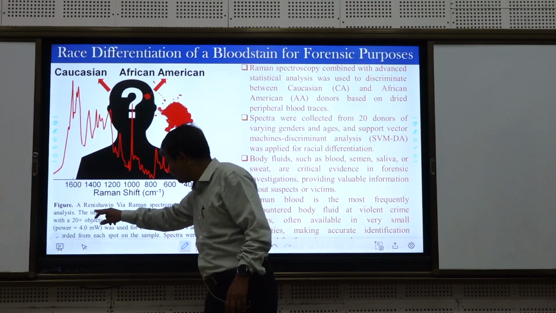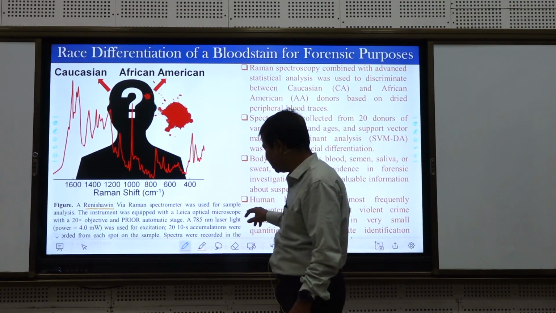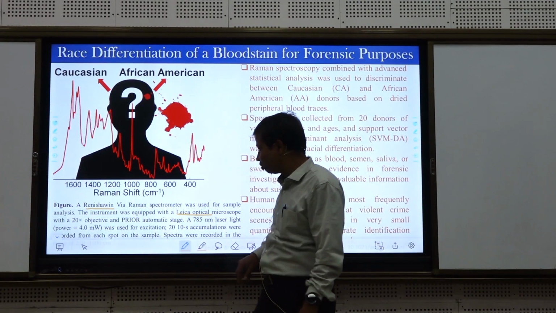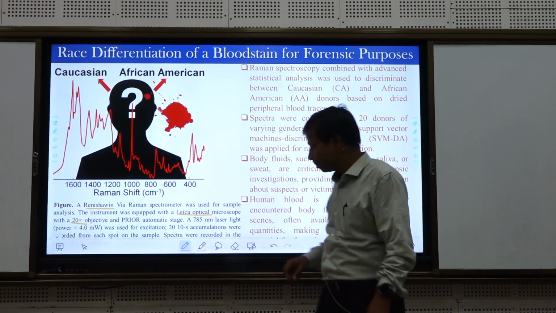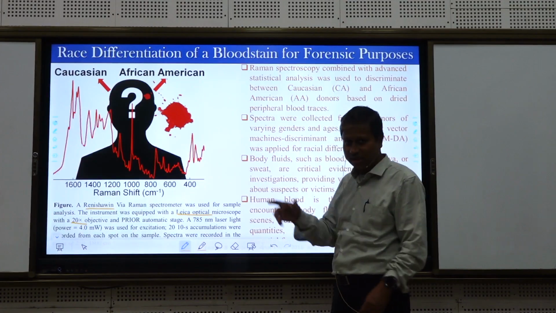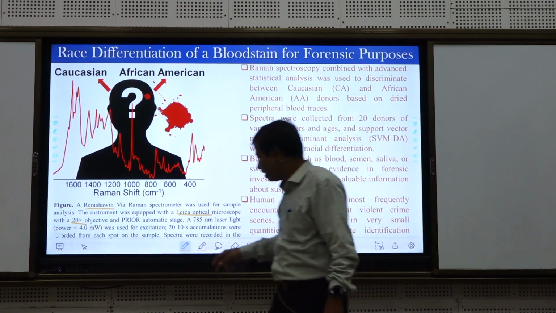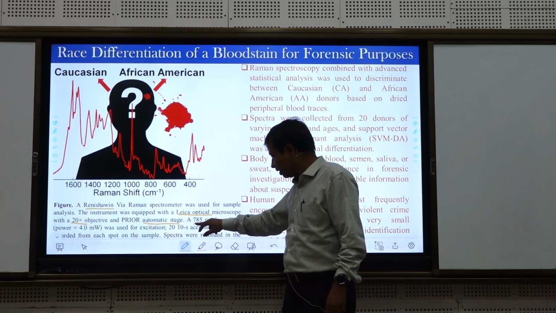And these are what I kept. This is the instrument name, and always you have to give this information. So they have used a Leica optical microscope. They have used a 20x objective lens, as you see in the 20x, 100x, 10x, and this is an automatic stage.